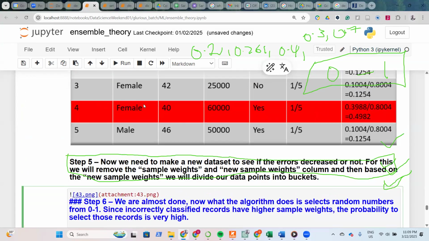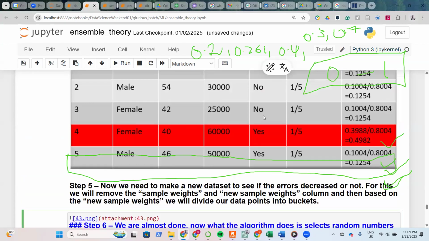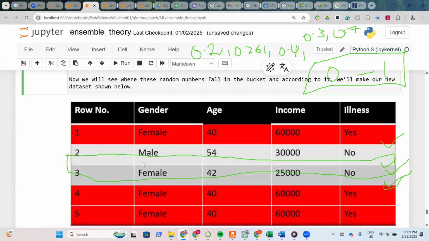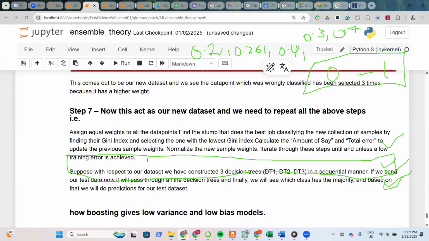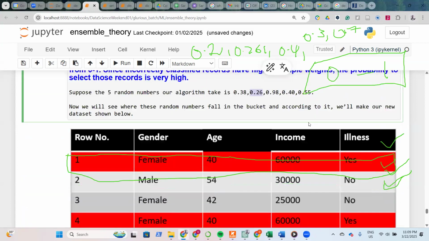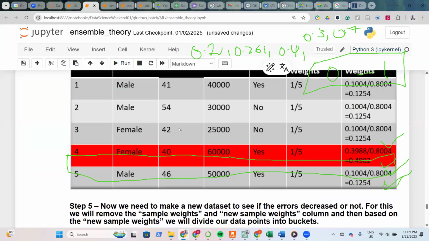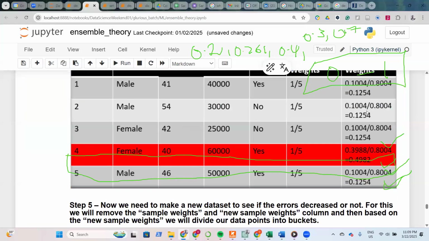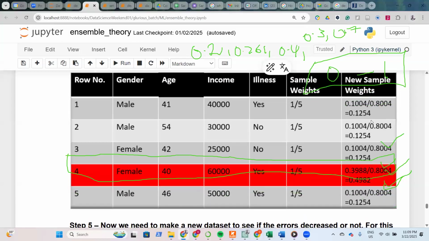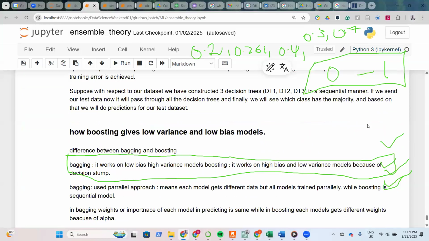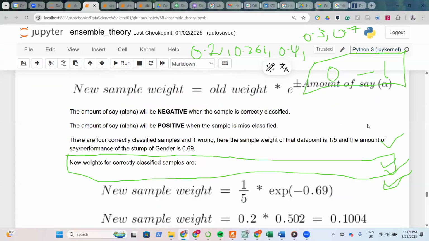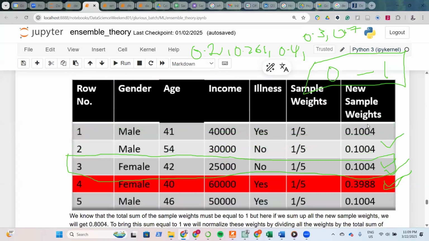The third bucket says 42, 2,500, female. Is it in the third bucket or in the second? Which bucket do I have here? Where are my buckets? Where did I put my bucket numbers? Yeah, exactly.